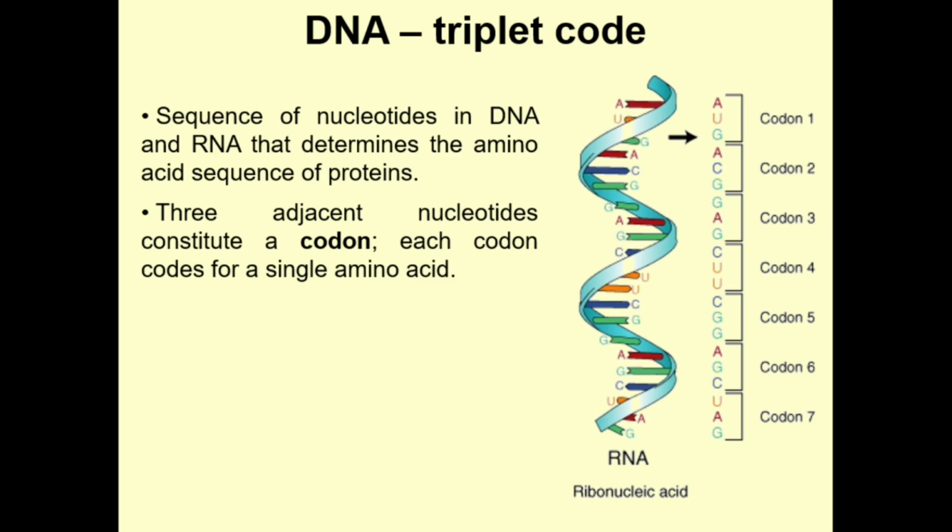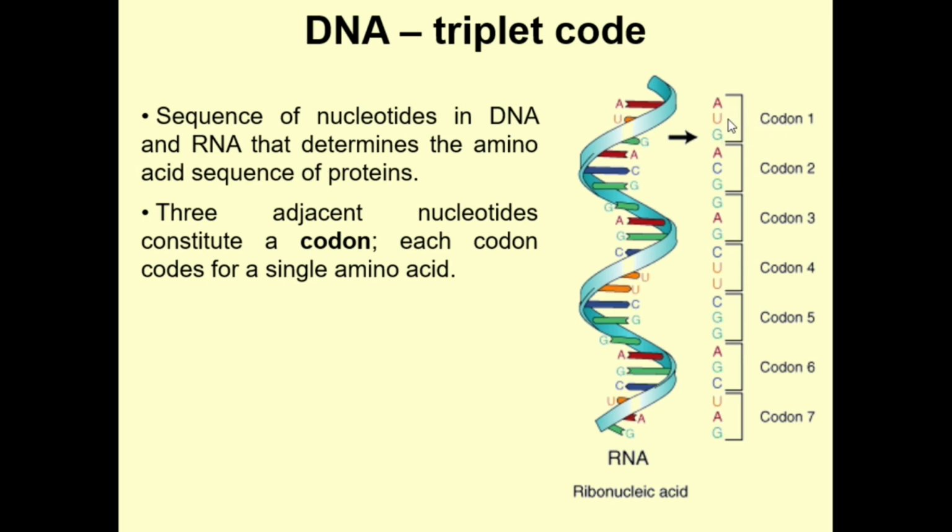So if we look at the diagram over here, we can see a section of RNA. We'll look at RNA in a moment, but RNA is copied from a section of DNA. And here we can see 3 adjacent nucleotides. Hopefully you've noticed that there's a U in there, and I haven't mentioned anything about U yet, but I will in a minute. But these are just 3 nucleotides. This would make up a codon.